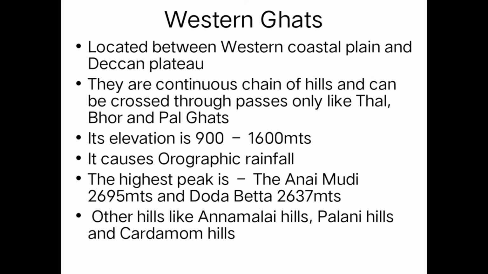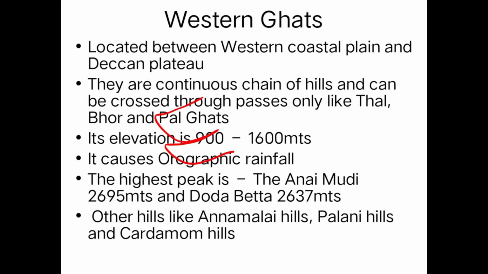The highest peak in the Western Ghats is Anaimudi, 2695 meters in height, and the next one is Dodabetta, 2637 meters. Other hills like the Anamalai Hills, Palani Hills, and Cardamom Hills are also located here.